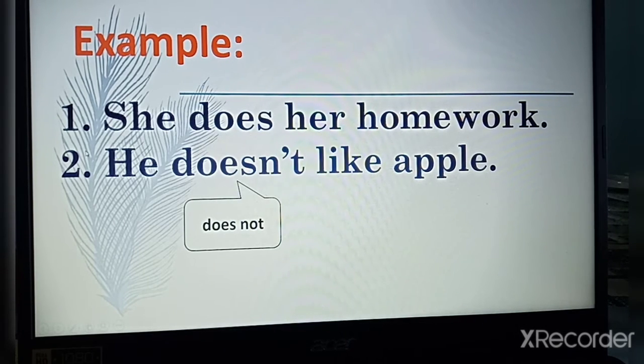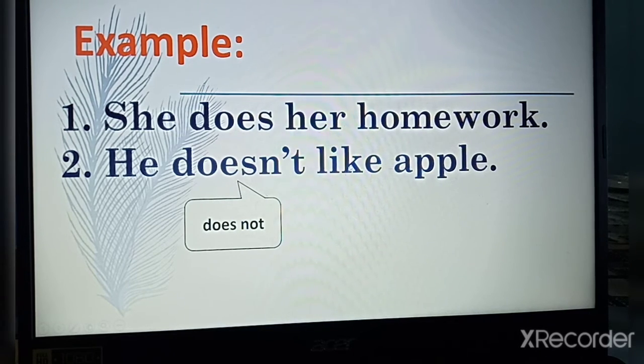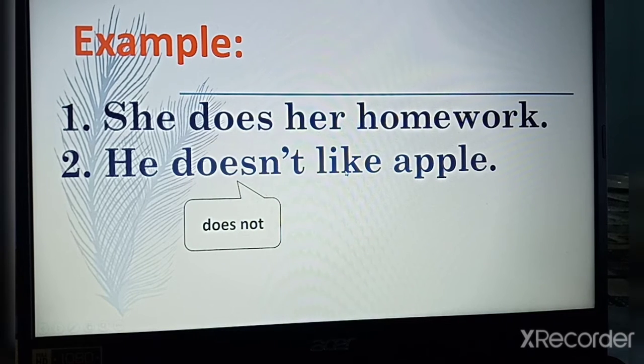While in number two, we use doesn't because he does not like apple, or he doesn't like apple. Doesn't is the contraction of does not. So bear in mind that the word not makes it a negative statement.